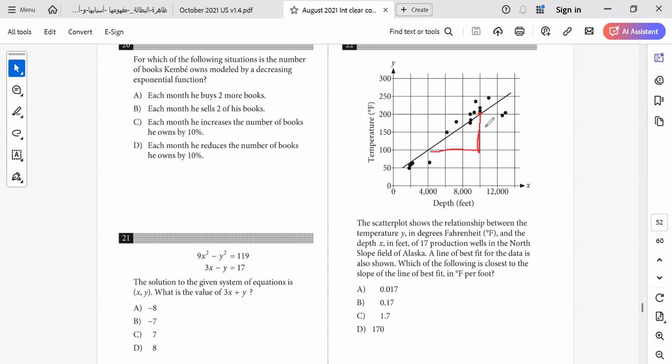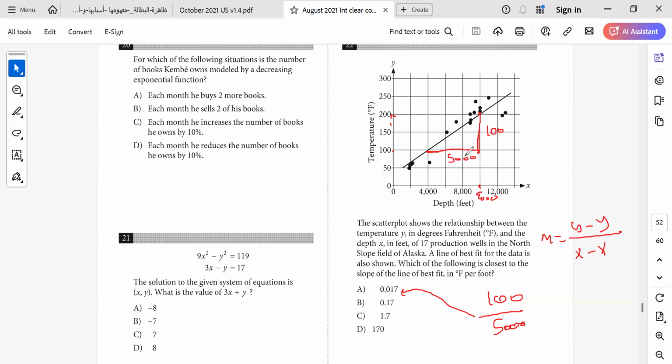Here it is 100. From 200 to 100, it's 100. And here it is 5,000, from 4,000 to 9,000. So 100 over 5,000. That's rise over run. Or you can use the slope, y minus y over x minus x. It gives you the same number.